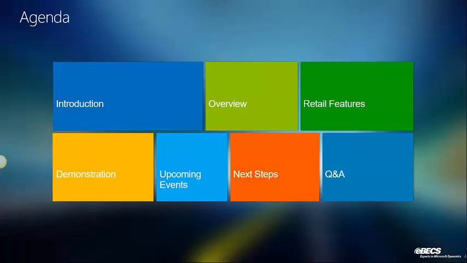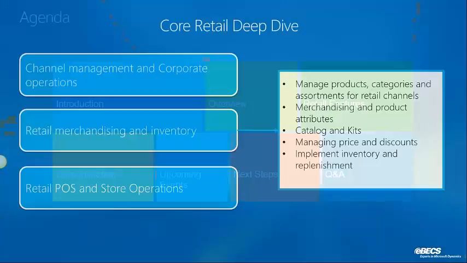Then with each section, I'm going to do a demonstration in the new Microsoft Dynamics AX of exactly what that would look like. At the end, if you have any questions, I would be happy to answer them, but currently everyone is on mute. So without further ado, let's get started.